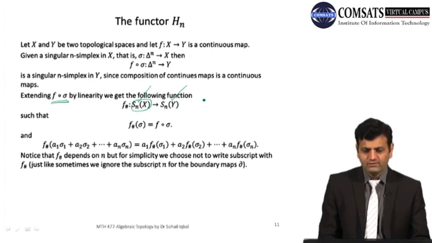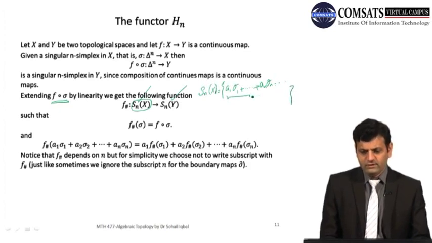So the elements of Sn(X) will be of the form a1 sigma 1 plus a2 sigma 2 plus up to an sigma n, and then there are some conditions as well.